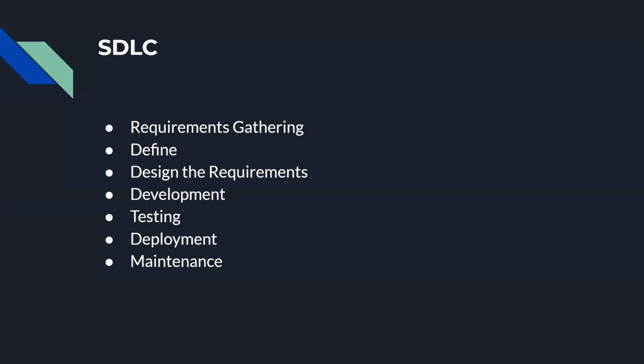Once you are clear with these three phases, once you know the customer very well and know what he wants as a business, then you can go for the development. So the first three phases are very, very important. If you are clear with these three phases, then development can be very easy.